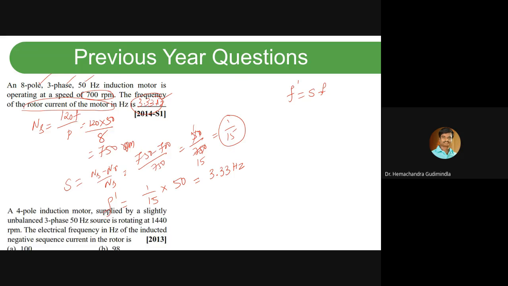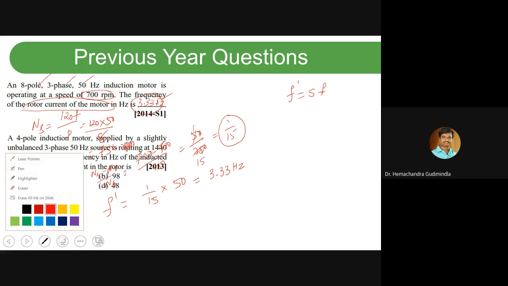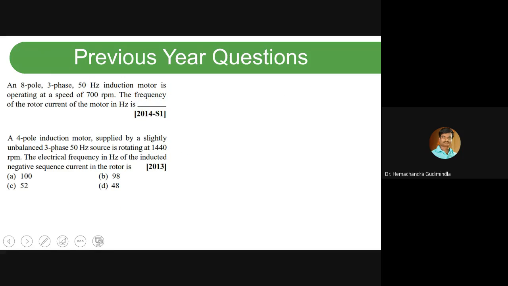Now next problem. A 4-pole induction motor supplied by a slightly unbalanced 3-phase 50 Hz source is rotating at 1440 rpm. The electrical frequency in Hz of the induced negative sequence current in the rotor is how much?